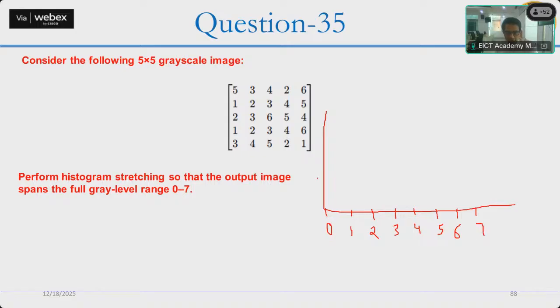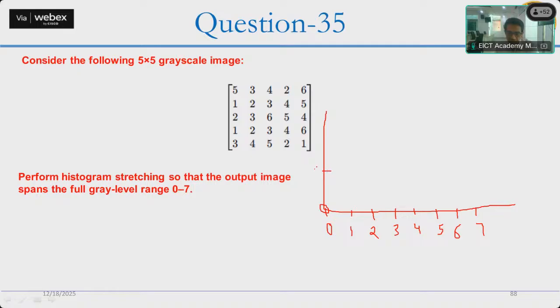Can you plot a histogram for it? What will be the value? How many zeros are there? 0, absolutely. So it is 0. And what about 1?